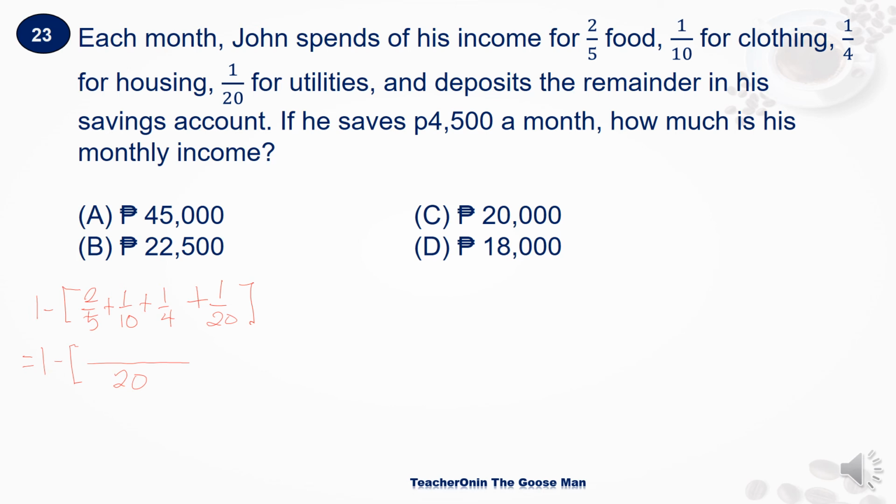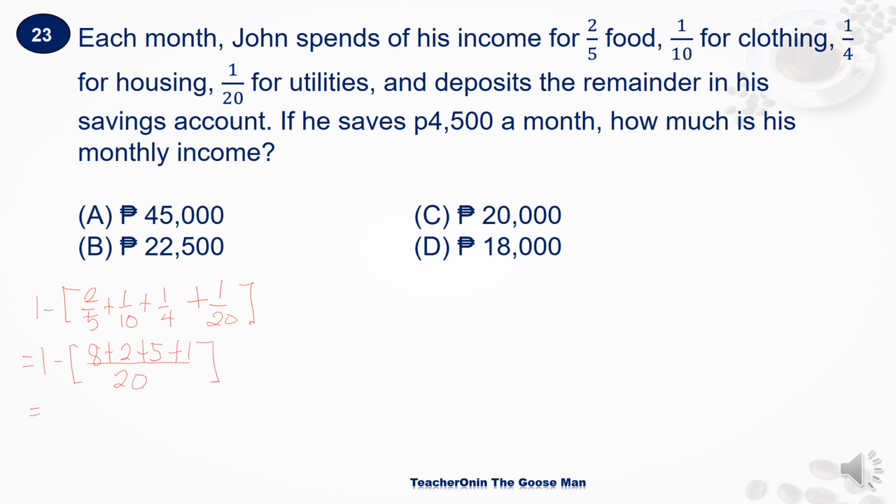So, 20 divided by 5 is 4, times 2 will get 8. Repeat the process. 20 divided by 10 is 2, times 1 is 2. Next, 20 divided by 4 is 5, times 1 is 5. And 20 divided by 20 is 1, times 1 is 1.